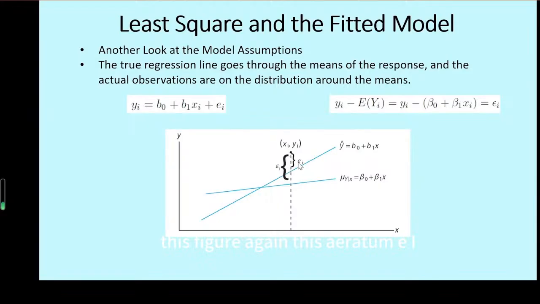This error term, ei, take the sum of these error terms squared, called SSE. So if we make this sum of squares minimum, then we can say this line will be the best fit with the theoretical line.